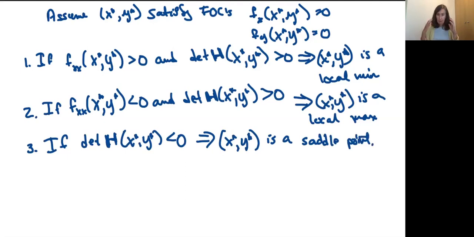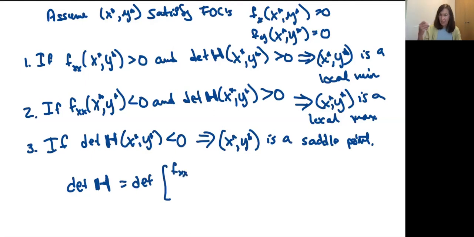Okay, so let's step back and think about this. Let's remind ourselves of what a determinant is. I said in Unit 9 that they show up in all sorts of crazy places, and here's one. The determinant of H is the determinant of a matrix that looks like this. I'm not putting in the points here because I just want to remind you about taking determinants.